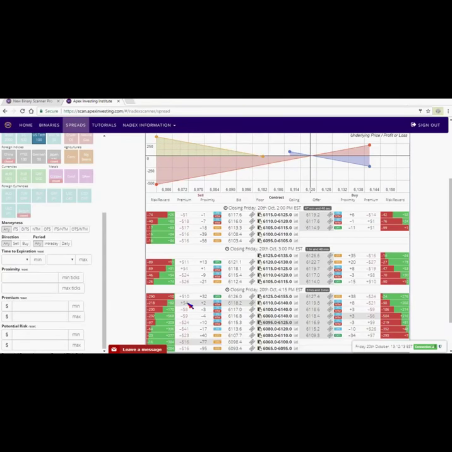Would this be a little bit closer? Then you would get hedged here if it started to go against you, but you'd only have protection here. So that is because on this one, your proximity is only 3.